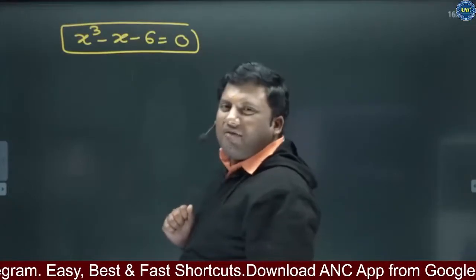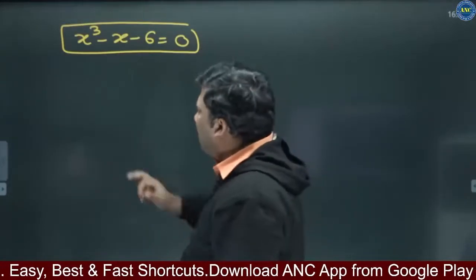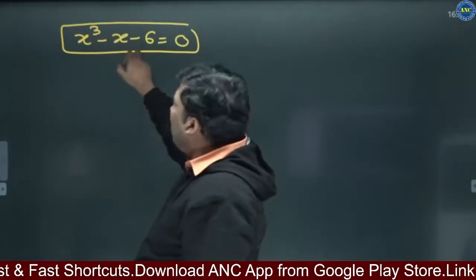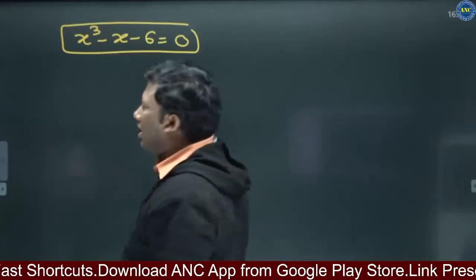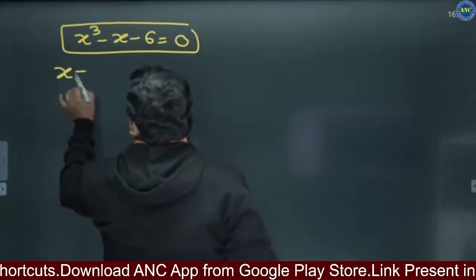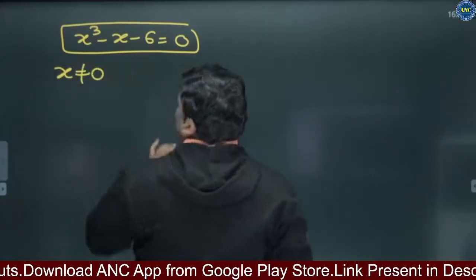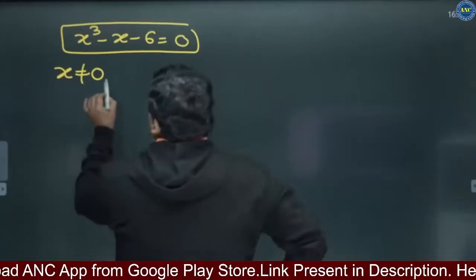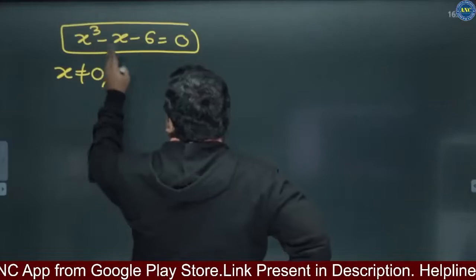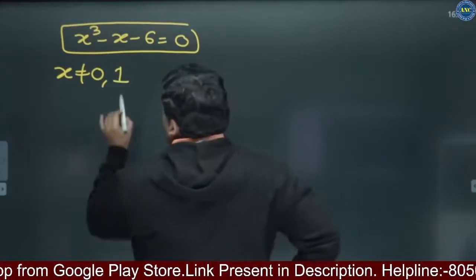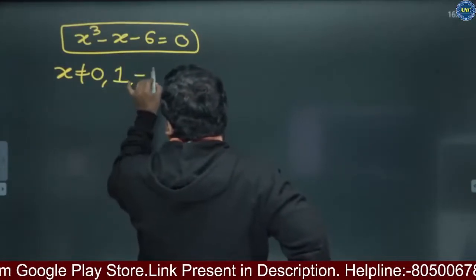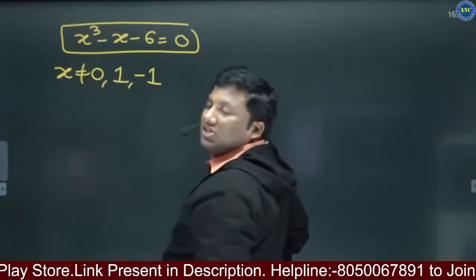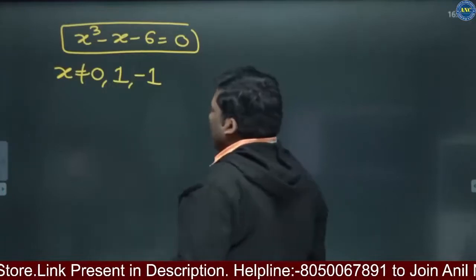Now let us check some smaller values of x. x equivalent to 1: 1 minus 1 is 0, 0 minus 6 is minus 6, which is not 0. x cannot be 0, because the constant is there: minus 6. x cannot be 1. x cannot be minus 1: minus 1 plus 1 cancel, leaving minus 6.